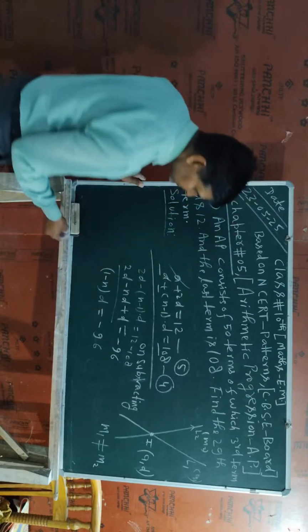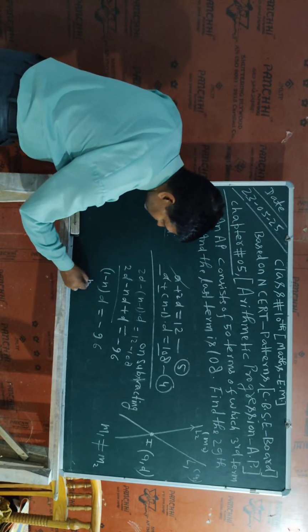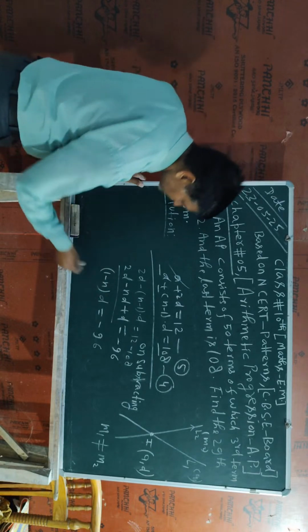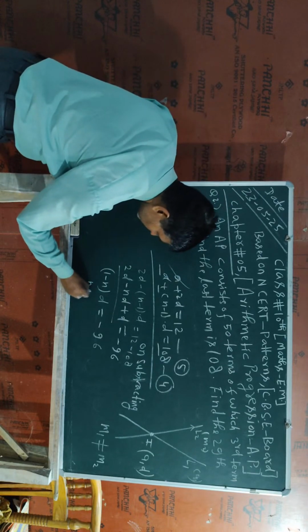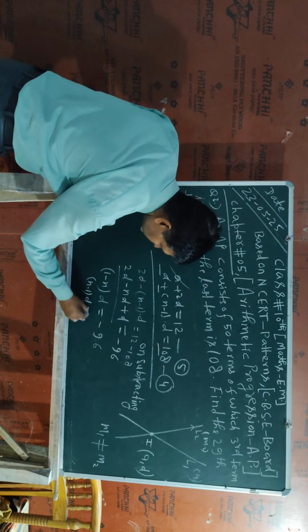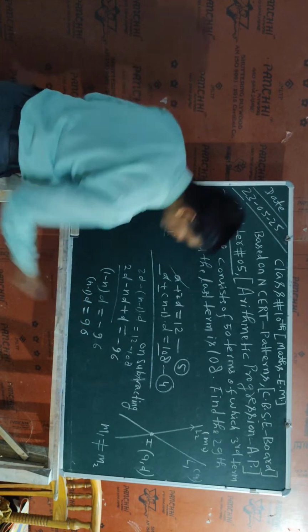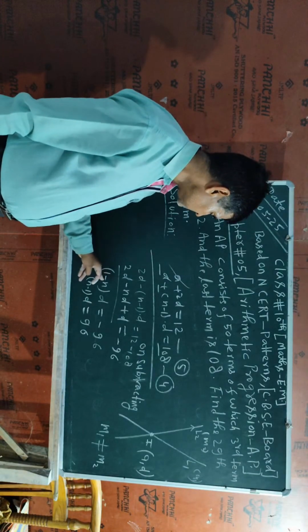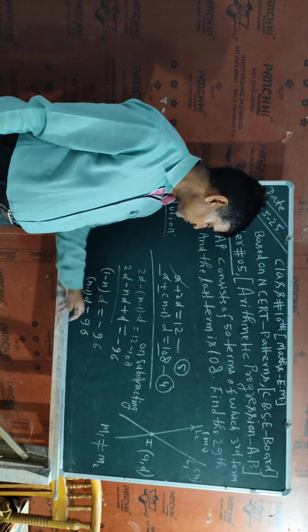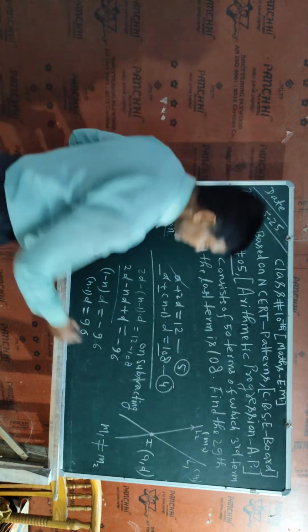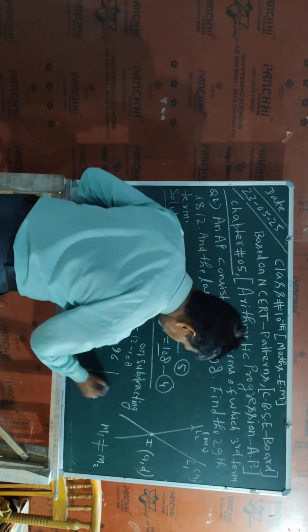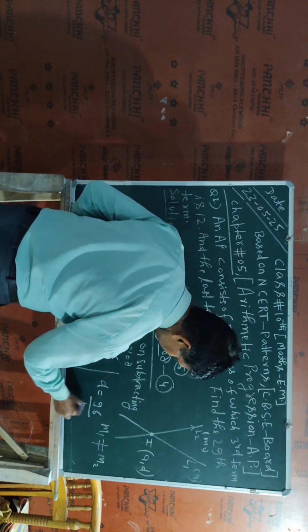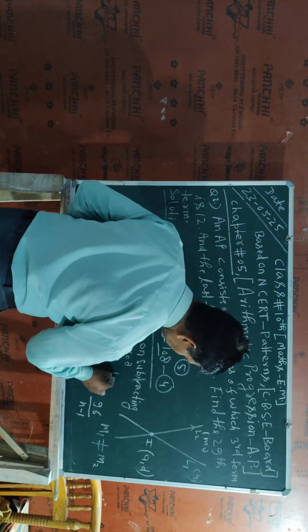So I will take the minus sign common. Further I am going to simplify it. Here I will write n minus 1 into d, which is equal to 96, because I multiply with the minus sign. So d is equal to 96 divided by n minus 1. So this is the value of d.